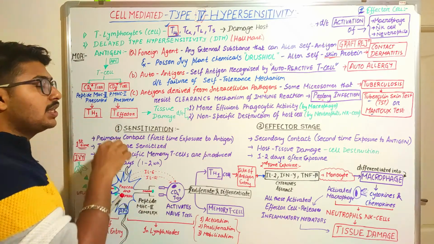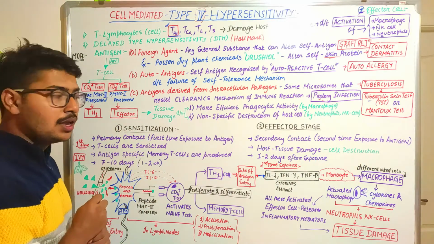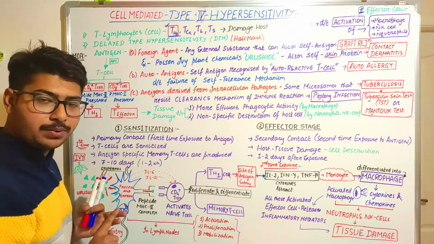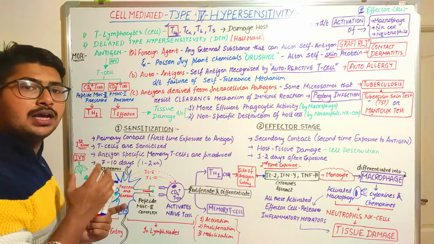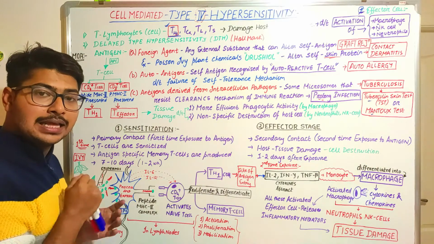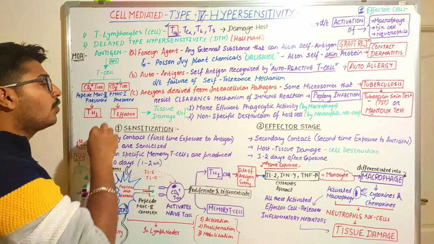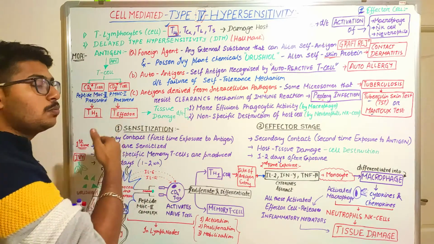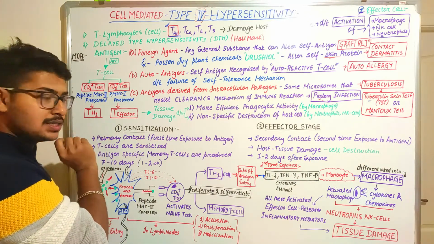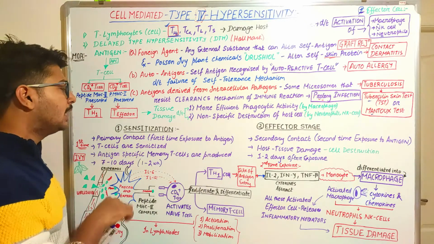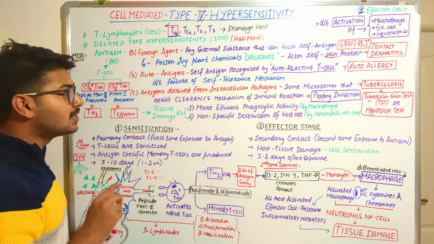What are they? If they present the antigen peptide with the MHC2 complex, MHC meaning major histocompatibility complex, then it is going to activate the CD4 T cell, and the activated CD4 T cell is going to proliferate and differentiate into the Th1 cell, the T helper 1 cell. I want you to remember one thing, that there are also Th2 cells that we have already read about in type 1 hypersensitivity.